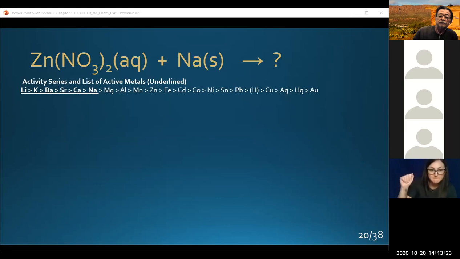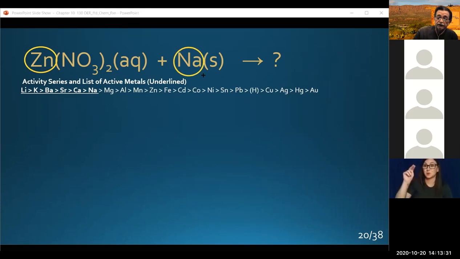We find them in the activity series, and we see sodium is right here, and here's zinc. And so obviously sodium is much more reactive than zinc.